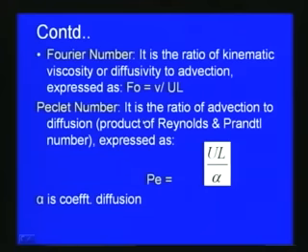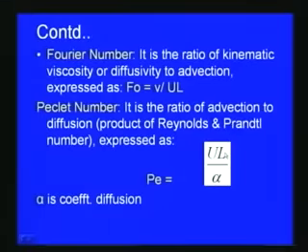And then another important number is called the Peclet number. This Peclet number deals with cases where advection is also important. The Peclet number is the ratio of advection to diffusion effect, and it is actually the product of the Reynolds and Prandtl numbers. It is defined as Pe is equal to UL by alpha, where U is the velocity, L is the characteristic length, and alpha is the coefficient of diffusion.